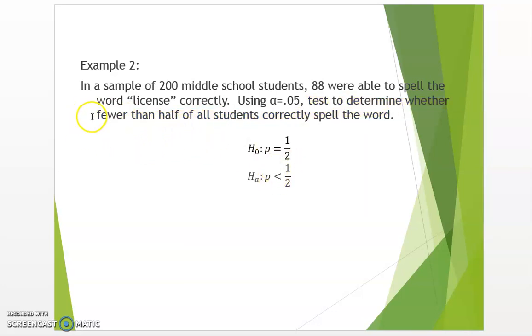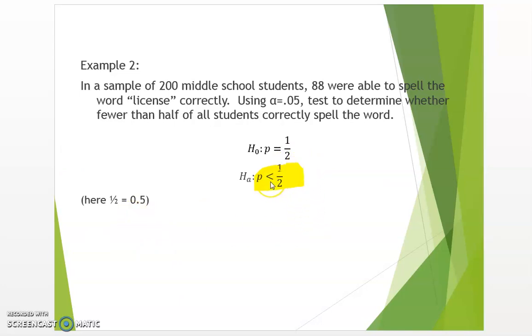Because they're talking about fewer than half of all students, the alternative will be fewer, so less than 1/2. This is about a proportion, so p will be less than 1/2, which is the same as 0.5. The null hypothesis would just be p equals 1/2, which is 0.5.